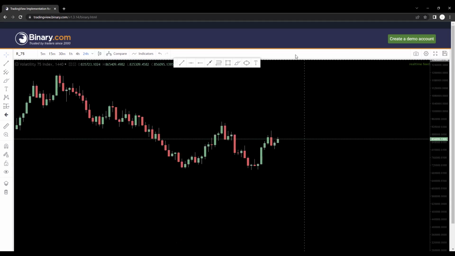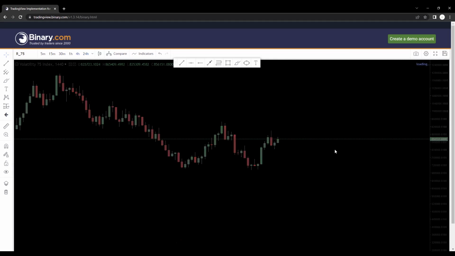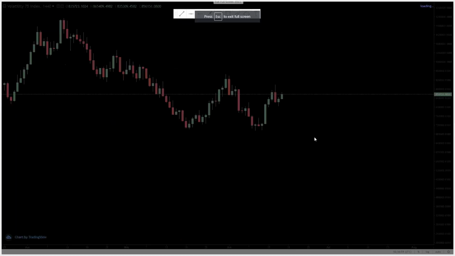Just this retest alone here, tested, rejected, and then started pushing up, is a sign that the market is still in the buying power. If we go on a 4-hour time frame, you see that the market is going to show you something like this.